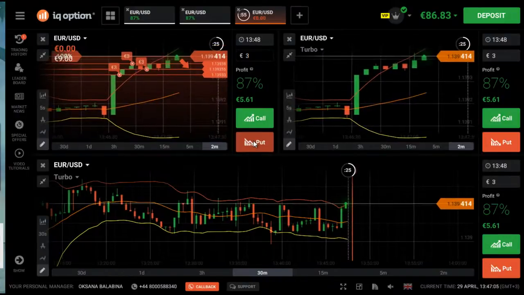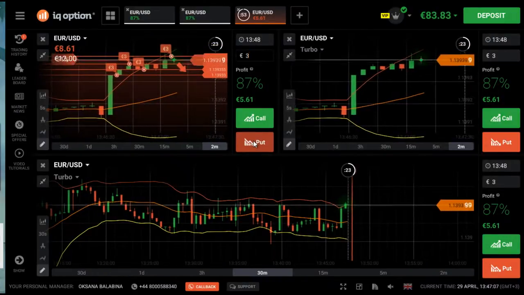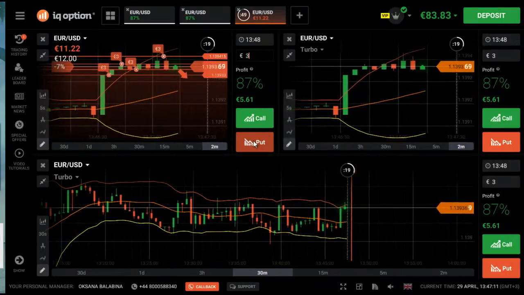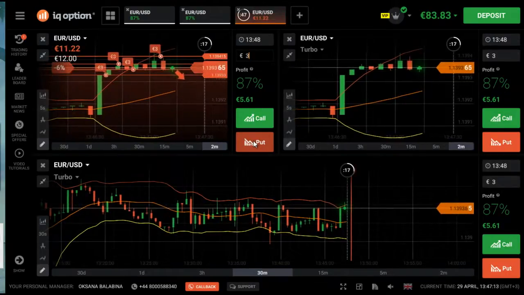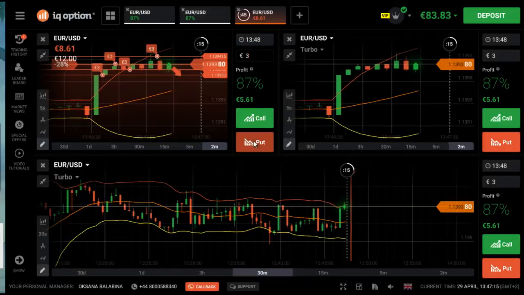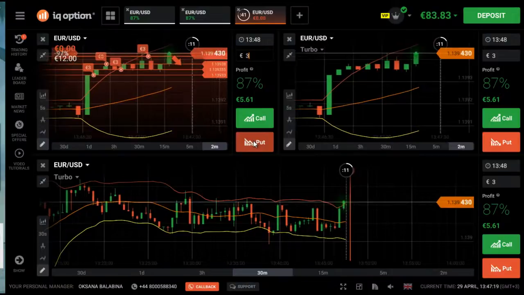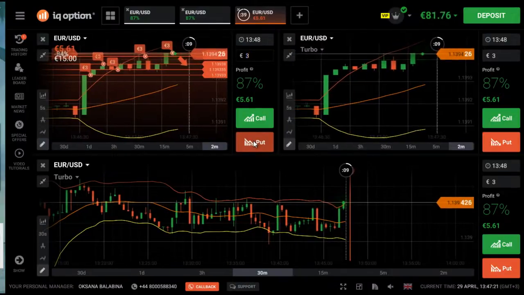So anyway, also it is important to monitor this 30-second chart to make sure whereabouts of the candlestick within a 30-second chart.